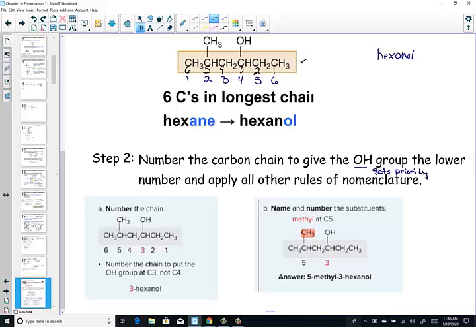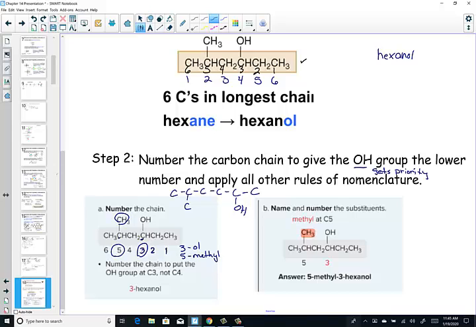For instance, that 6 carbon chain, when I number it from right to left, places the hydroxyl on carbon 3, and it places this methyl branch on carbon 5. I understand that I could get a lower numbering system because right now I have 3, 5. The 3 is the OL alcohol and the 5 is the methyl.